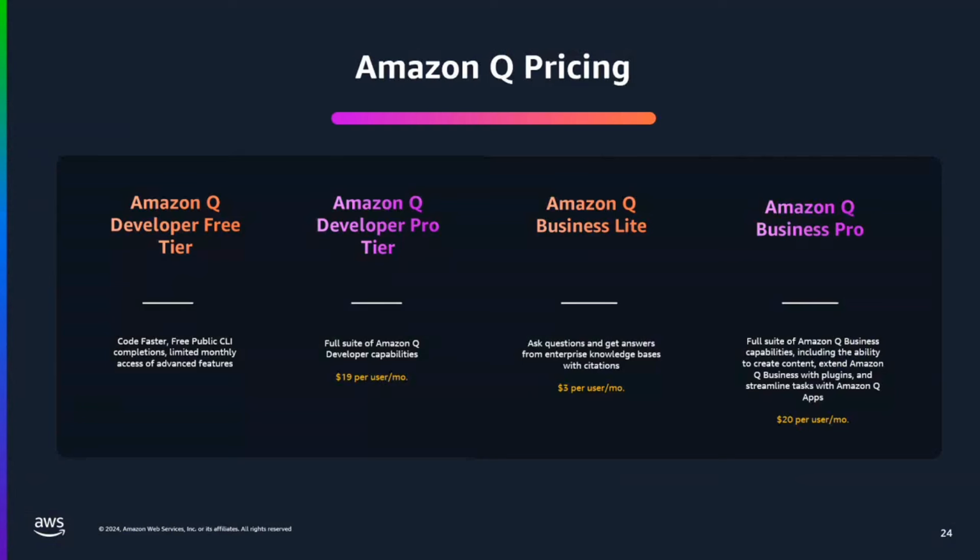Unlike other AWS services, Q is based on per-user, per-month billing. Amazon Q Business also comes in 2 subscription models: Amazon Q Business Lite, and Amazon Q Business Pro, which is $20 per user per month, with full capabilities, including integrating with third-party plugins such as Zendesk, ServiceNow, and others, as Osama mentioned.